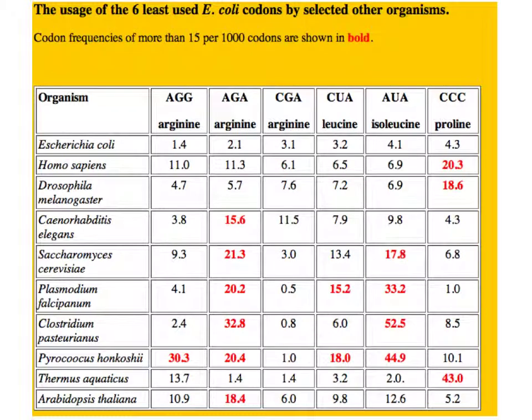Here's just a table of the 6 least used E. coli codons by selected other organisms, as shown here. Shown in red are codon frequencies of more than 15 per 1,000 codons. And you can see arginines and over here across the different organisms.